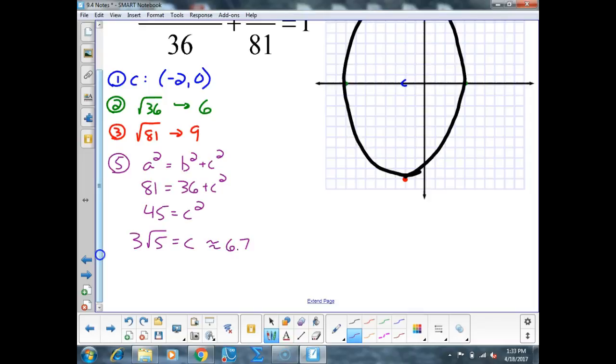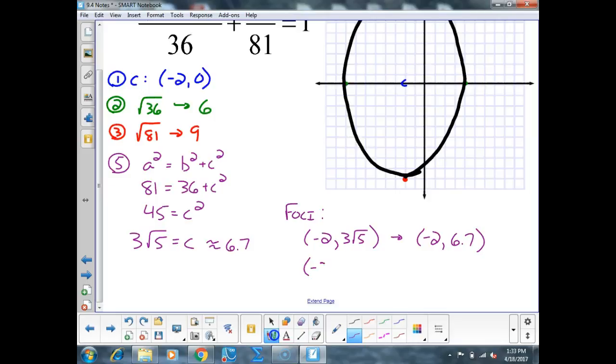Okay. So where are my foci then? Up and down or left and right from the center? Up and down. So one focus is at -2, comma, positive 3 square roots of 5, which is -2, comma, positive 6.7.